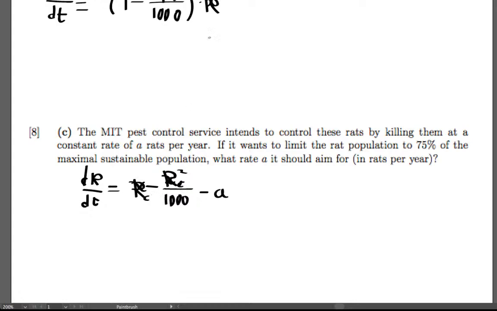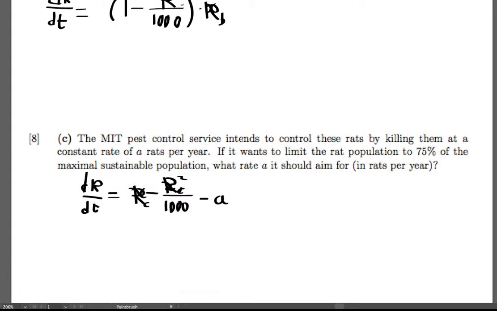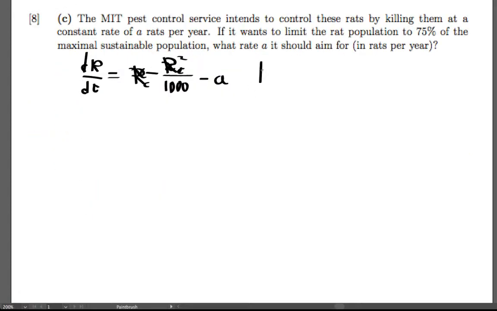This one would be RB. So what you want is RB to be 3/4 of RC. That's basically the problem that we want to solve.